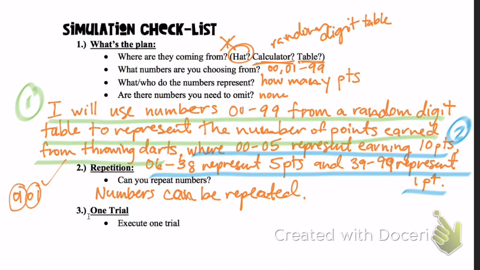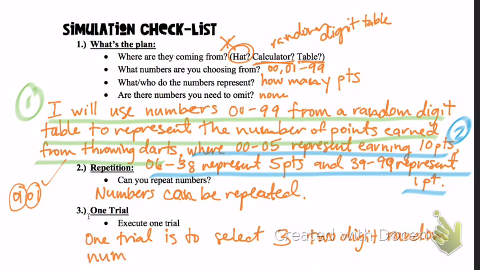So one trial is to select 3 two-digit random numbers from the table.